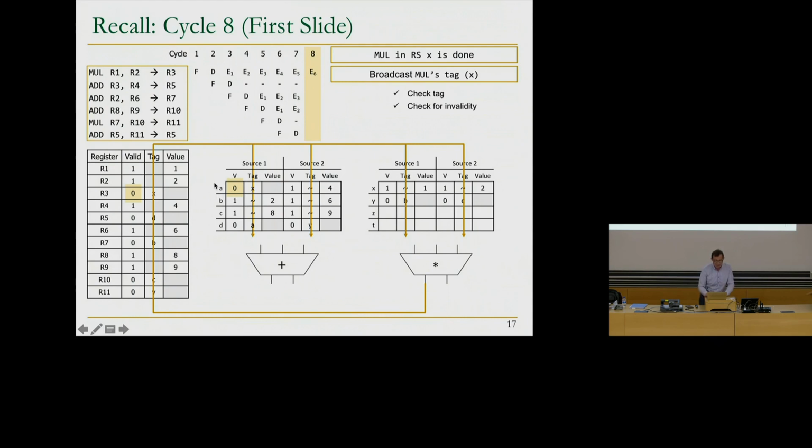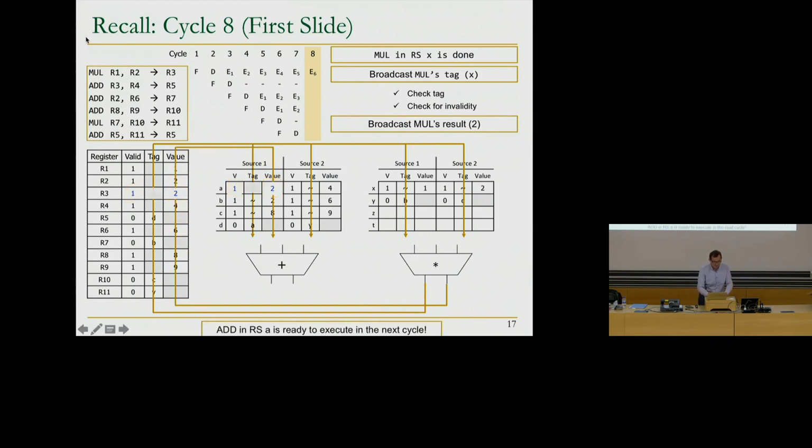They both capture the value because the value is not valid yet, and they store 2. That makes sense, right? The first instruction multiplied 1 by 2, produced the value 2 in R3, and R3 captured it. And the instruction that's waiting for that value also captured that. Now this instruction can execute because both of the sources became valid.